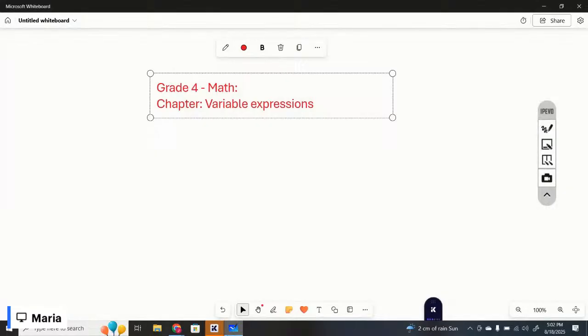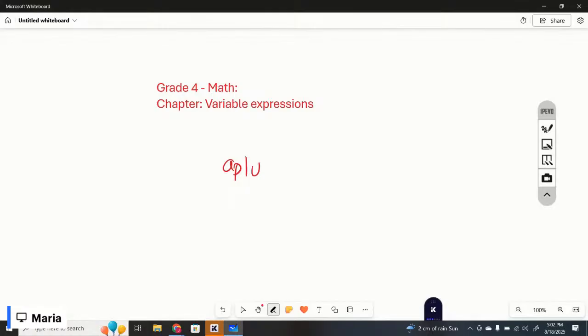We are here for grade 4 math. You can find all the lessons on aplusstudents.com. You have to log in there using your email address, and the password is provided by the administrator.